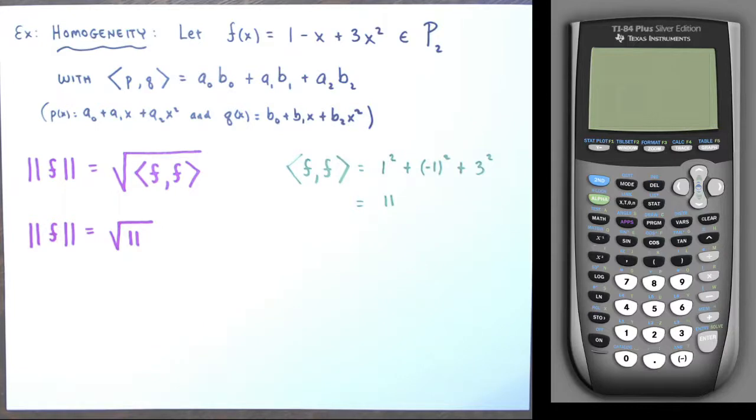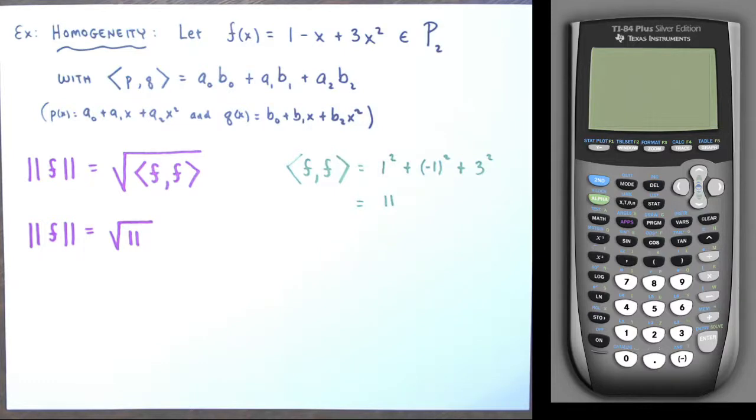So I'm going to say norm from here on out, when we're talking other vector spaces, other inner product spaces. And the norm of a polynomial is just the square root of the inner product of that polynomial with itself. Okay, so we have the norm of f is the square root of 11.